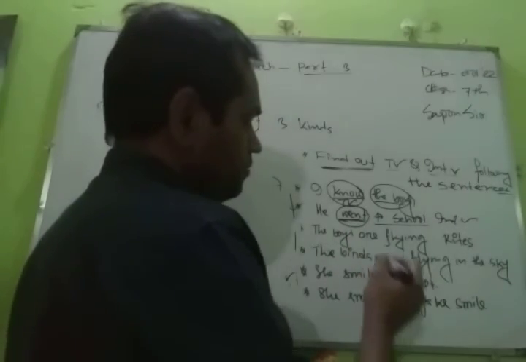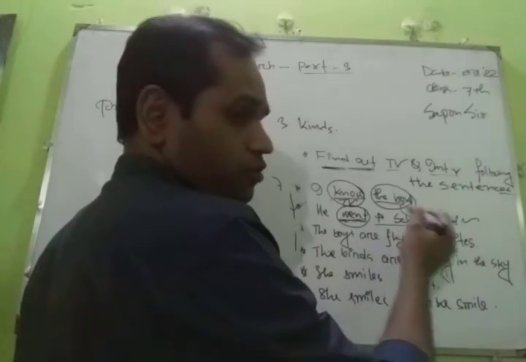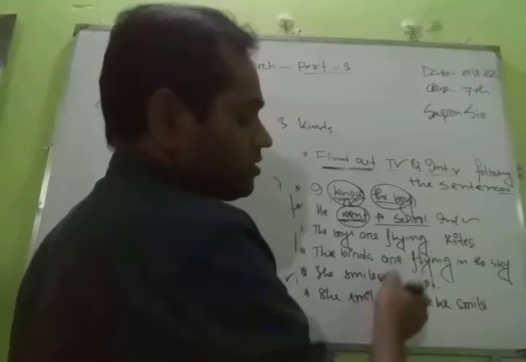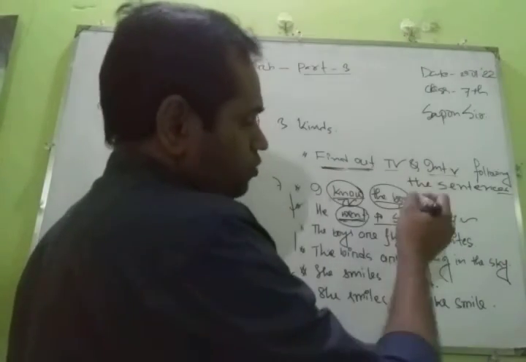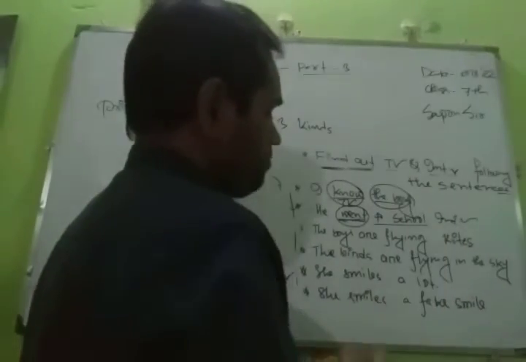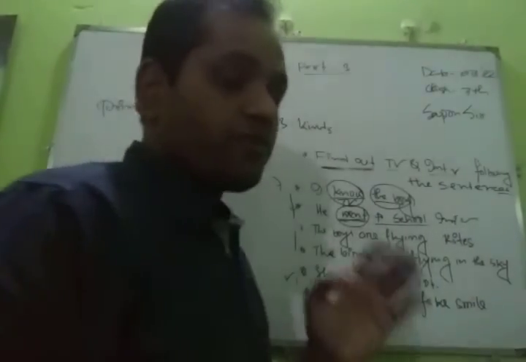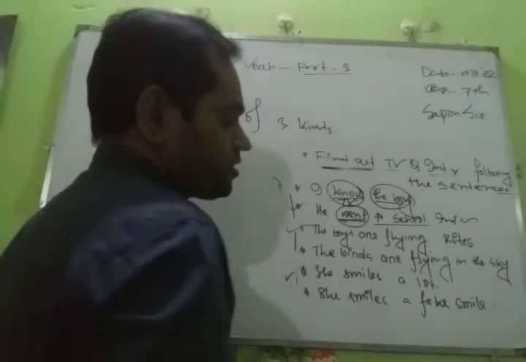Have you understood? Look, there is no object in the sentence. Object is not available. That verb is called the intransitive verb. Then the third one: the birds are flying kites.